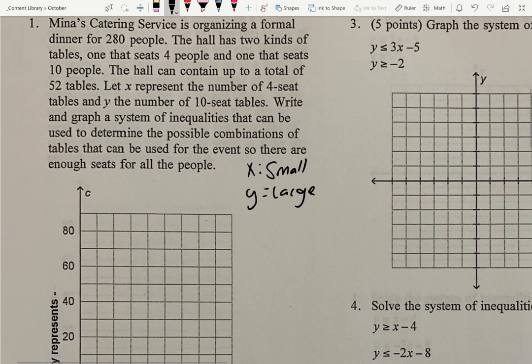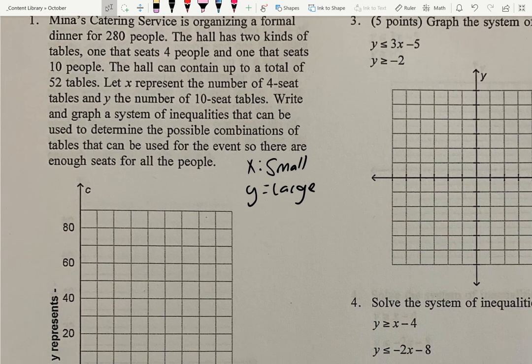So for our inequality, referring to the number of people, 280 people in total, the small tables seat 4 people, the large seat 10 people. So we would have 4 times x. What this says is that we have 4 people per small table, right?